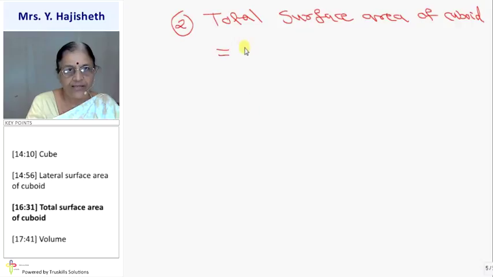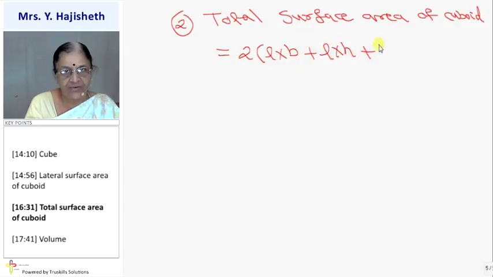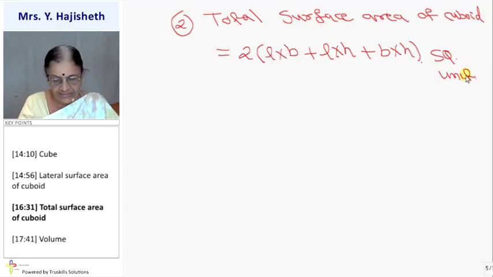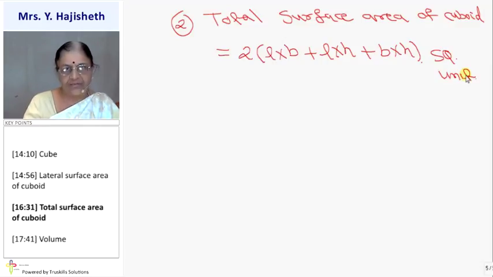So formula is 2 times L into B वाले 2 faces है, L into H वाले 2 faces है और B into H वाले भी 2 faces है. They are always measured in square unit. If your data is given in centimeter, surface area is measured in centimeter square. If it is given in meter, it is meter square, like that.